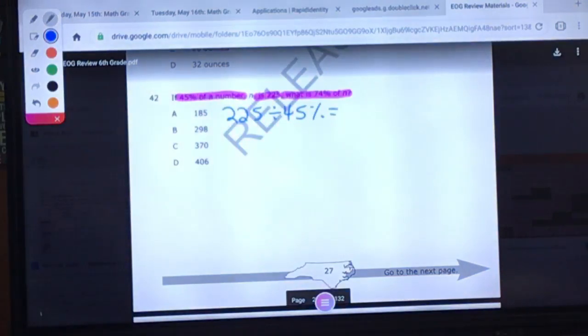So when you do that, stand up. Use your calculator. Use this thing right now. Get used to using this thing. Yes, I want you to show your work, but I want you to use your calculator.